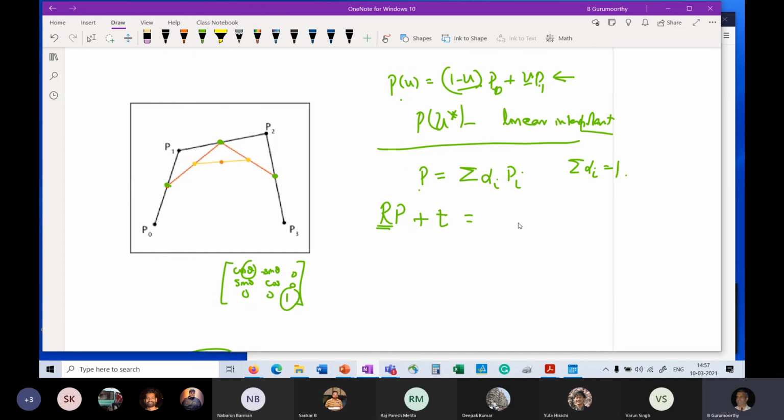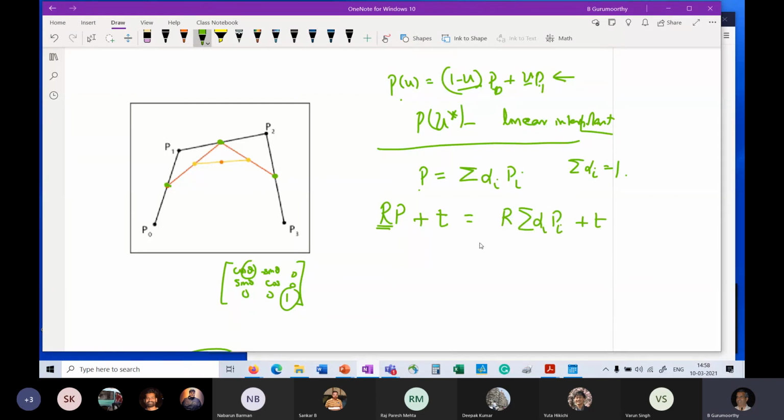Okay, let me go back and write it correctly. So I replace P by alpha_i P_i plus T. That's all I have done.